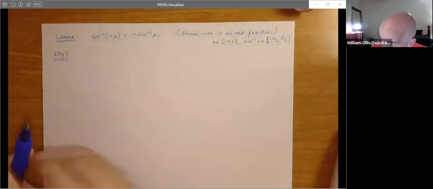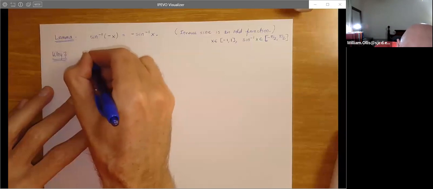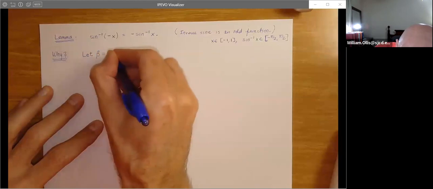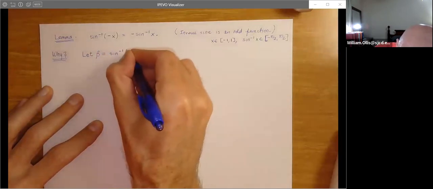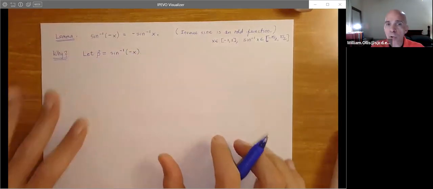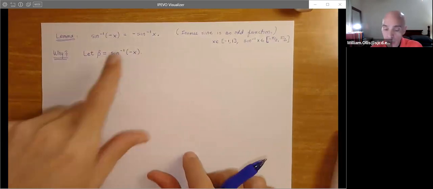So now what we can do is just like we did before, let's introduce a new letter, and I'm just going to use beta. Let beta be the inverse sine of the additive inverse of x. Okay, so the idea is that we want to convert this to a sine equation, use the fact that the sine is odd, and see if that can take us back to this equation.